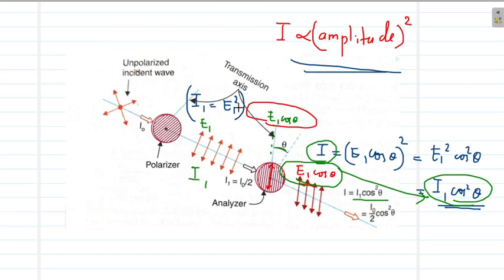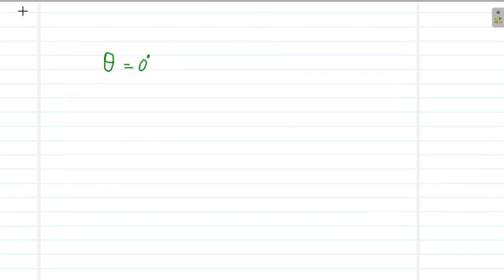Now let us write some special case scenarios. So what will happen if theta is equal to 0 degree? That means if the analyzer has its transmission axis aligned parallel to the plane of polarization of the incident ray.